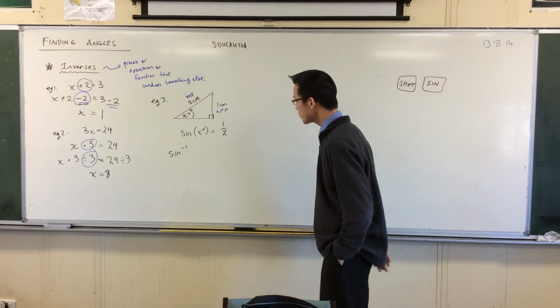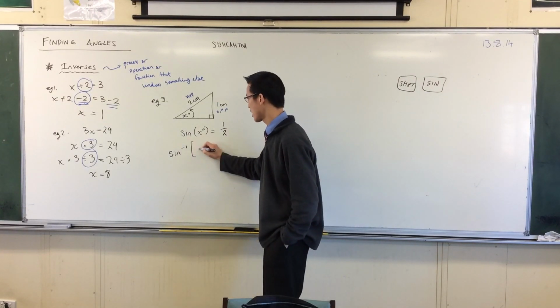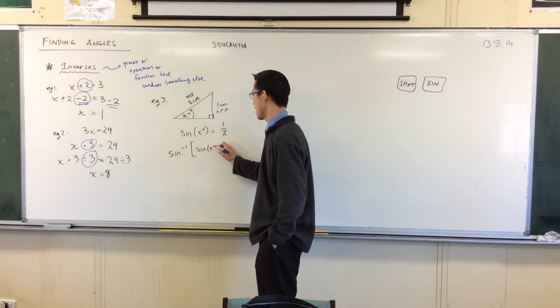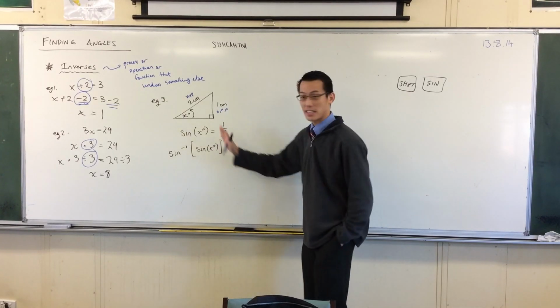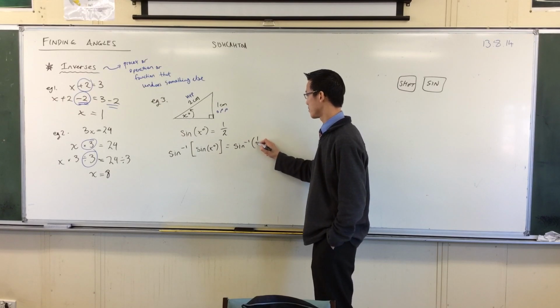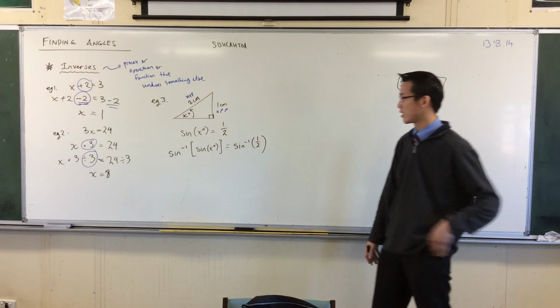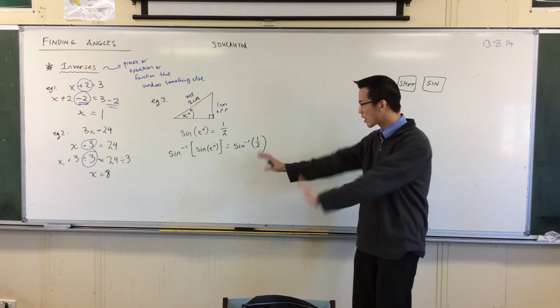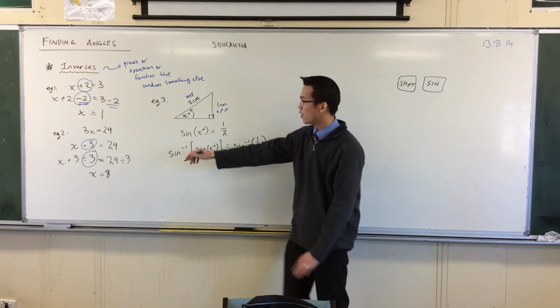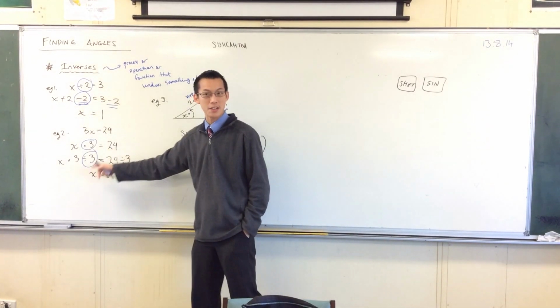So, if I do sine inverse to both sides, I've got sine inverse of sine x. I did sine inverse on one side, I'll do sine inverse on the other side, like that. How do you write that in the calculator? Yeah, I'll show you in a second. So what have I got here? All I did was, both sides here, I took away 2. Both sides here, I divided by 3.